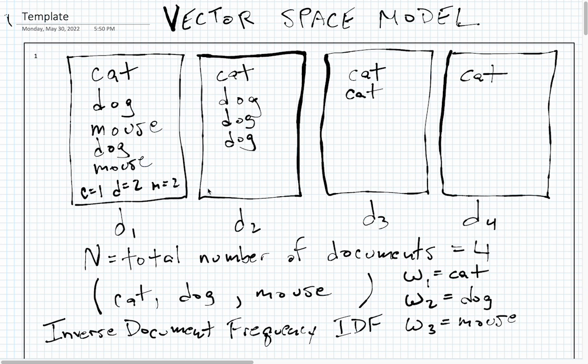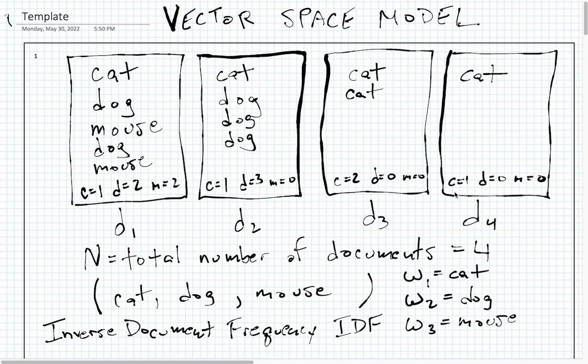Over here, cat appeared once, dog appeared 3 times, and mouse appeared 0 times. And over here, cat appeared twice, dog appeared 0 times, mouse appeared 0 times. And over here, cat appeared once, dog appeared 0 times, and mouse appeared 0 times.